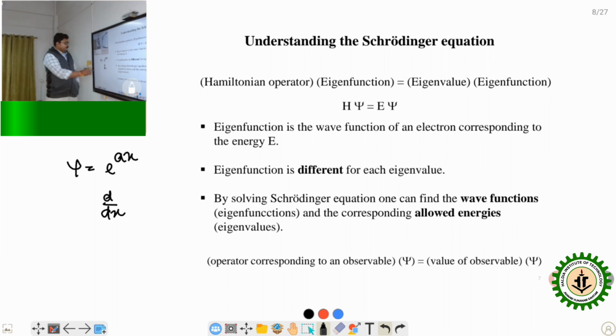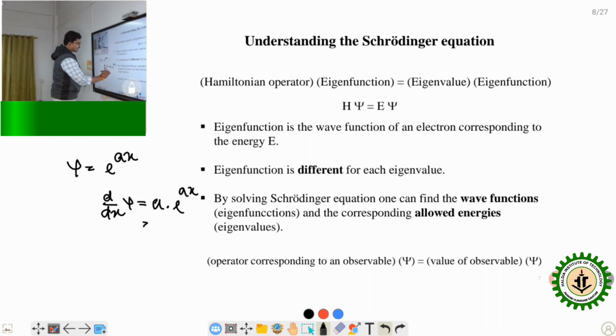So for that you have to do d/dx of this wave function and it will give you a into e to the power ax.